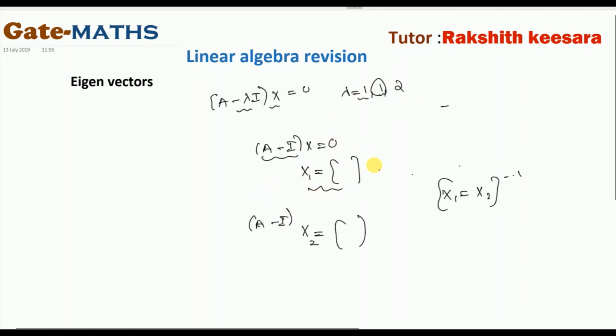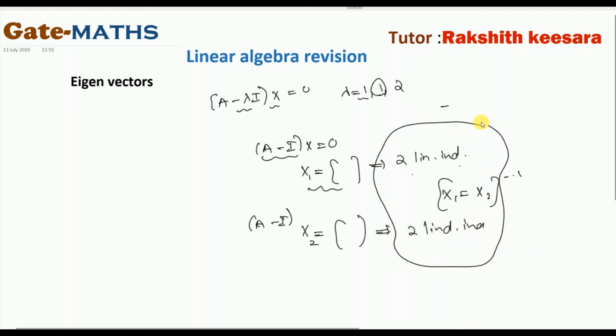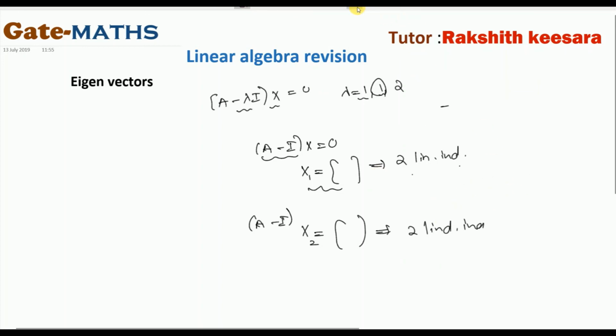Suppose for this matrix you are having two linearly independent eigenvectors, and x2 is also having two linearly independent eigenvectors. And these two linearly independent eigenvectors are the same. Then I shouldn't write 2 plus 2, only 2 is enough.